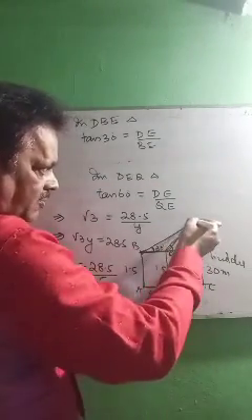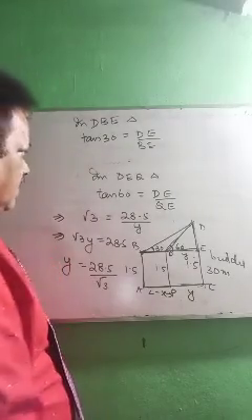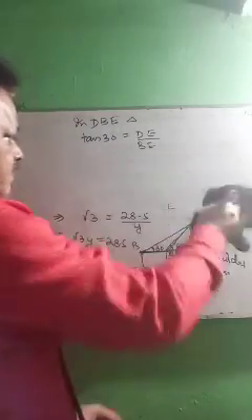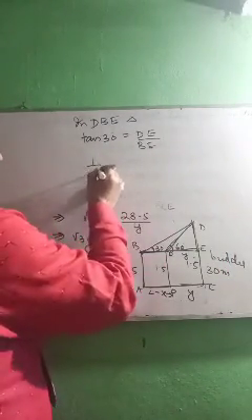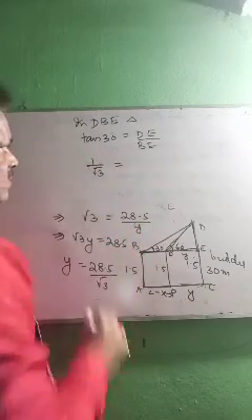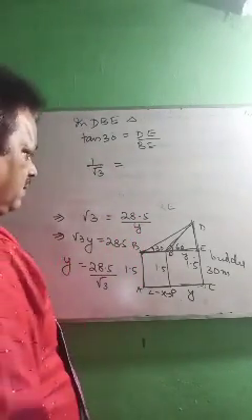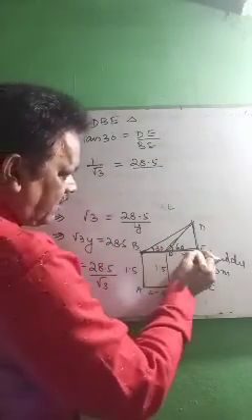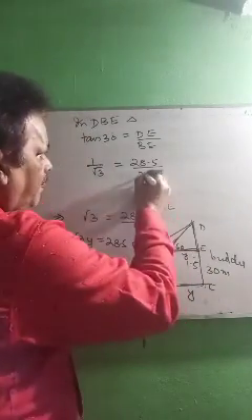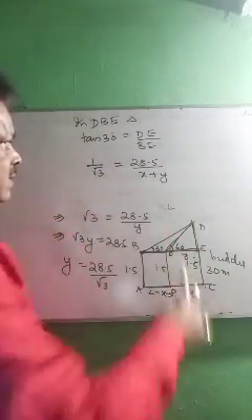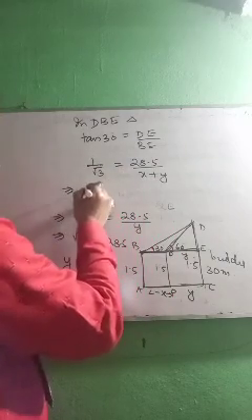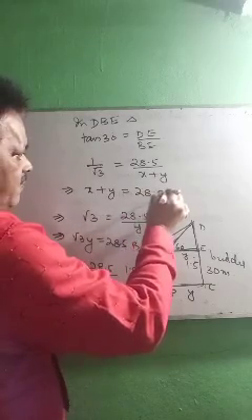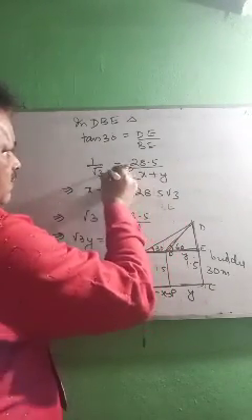This will be wrong. So tan 30 equals 1 upon root 3 equals DE, which is 28.5, divided by this total. This total is X plus Y. Now do cross multiplication. X plus Y equals 28.5 root 3.